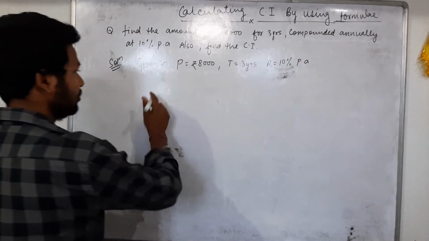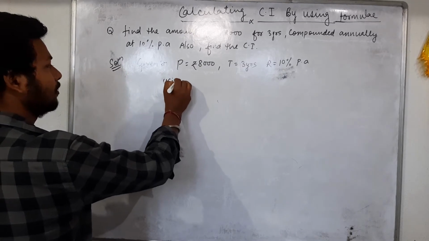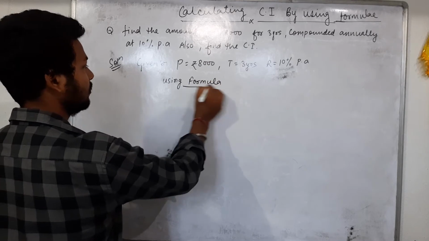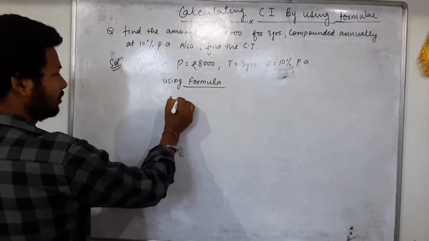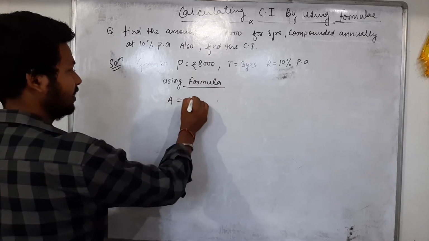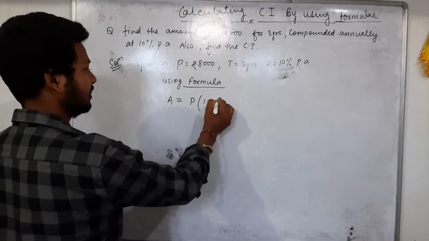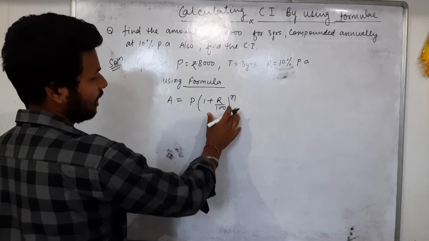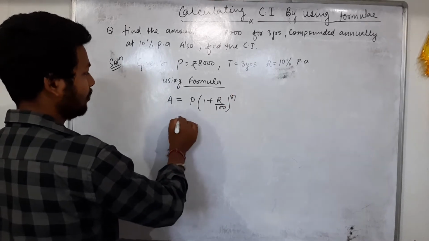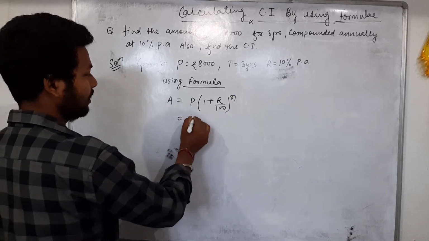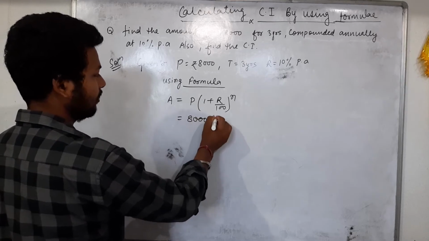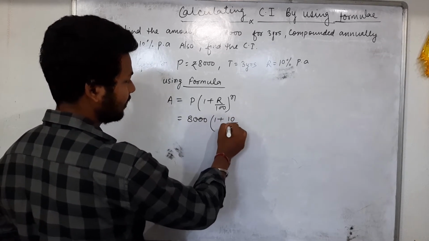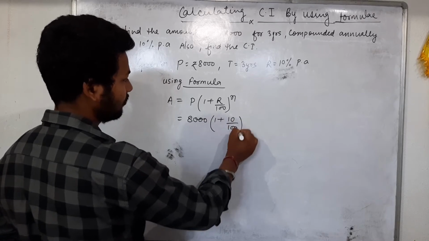So using the formula you can write amount is equal to P into 1 plus R by 100 to the power n, n is the time period. So the value of P is 8000, 1 plus the value of R is 10 divided by 100 to the power 3.